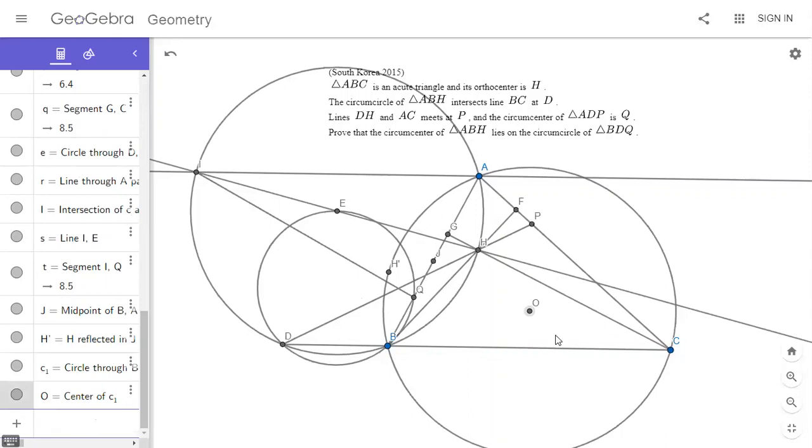Since CO and H prime are collinear, IE and H prime will be collinear for the same reason.